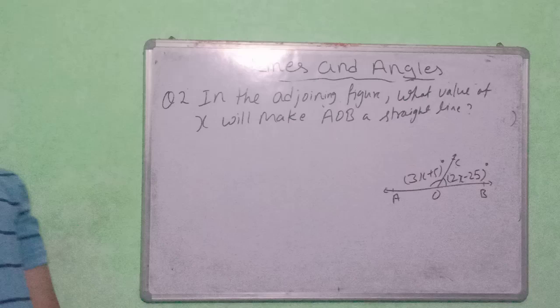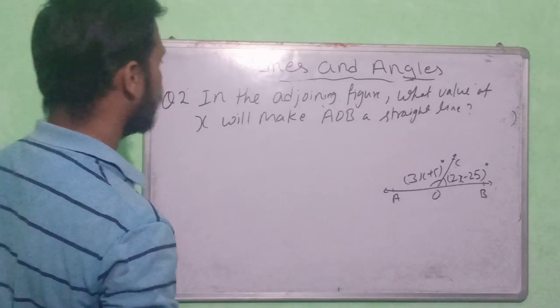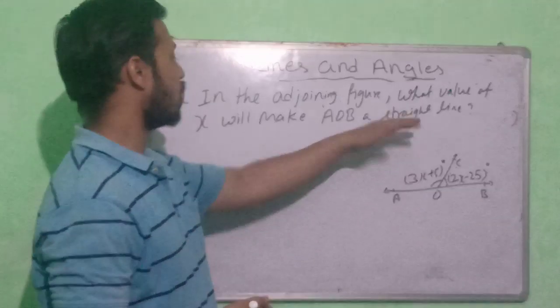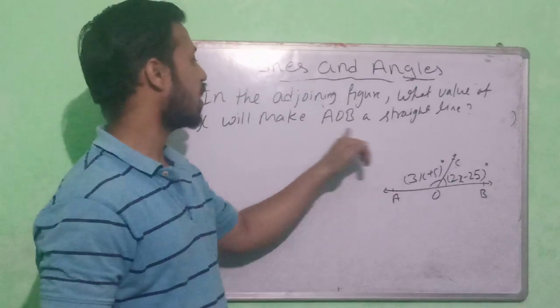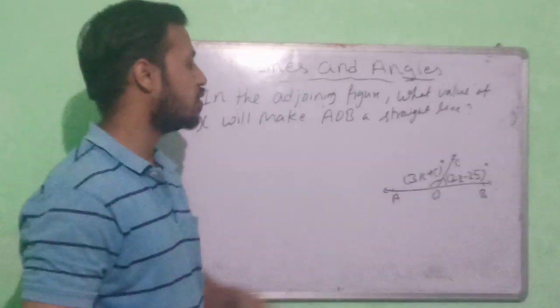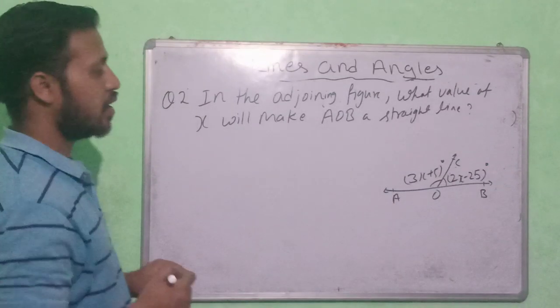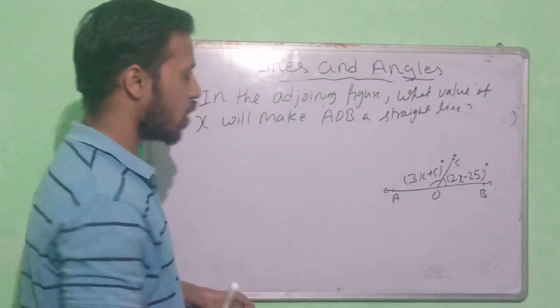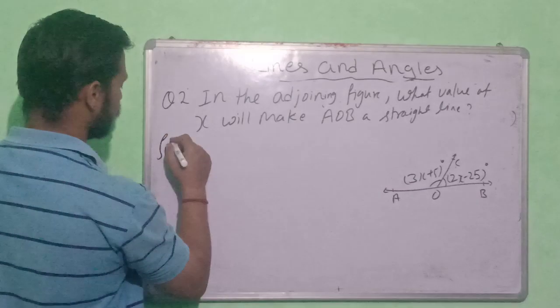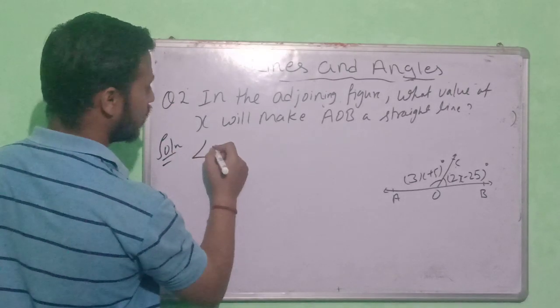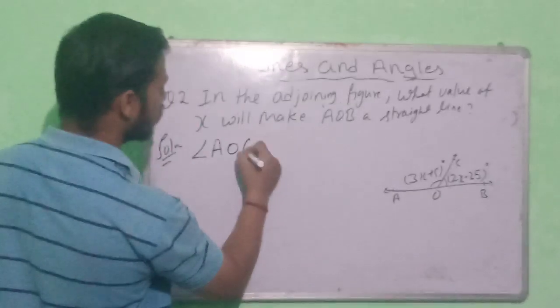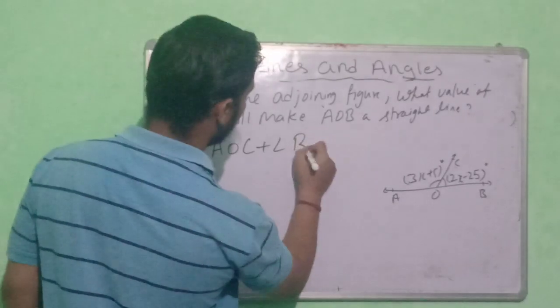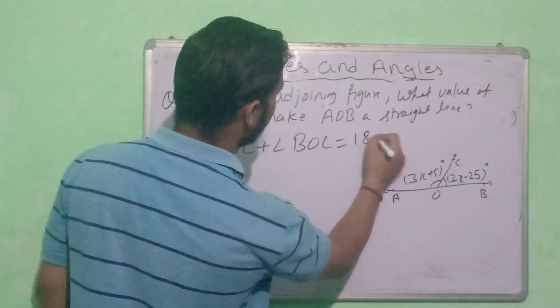Now, what do we have to find? What value of x makes AOB a straight line? We have to find the value of x, and as you know these are two adjacent angles, and their sum will be equal to 180 degrees. Angle AOC plus angle BOC equals 180 degrees.